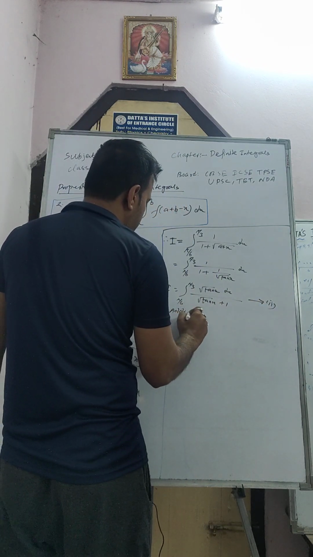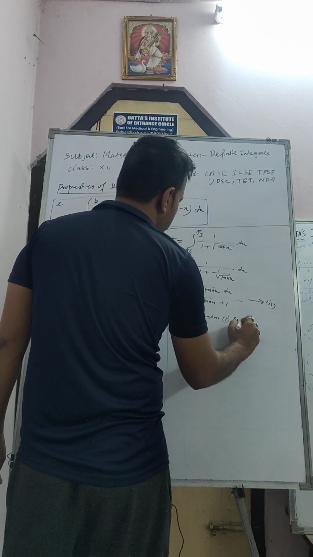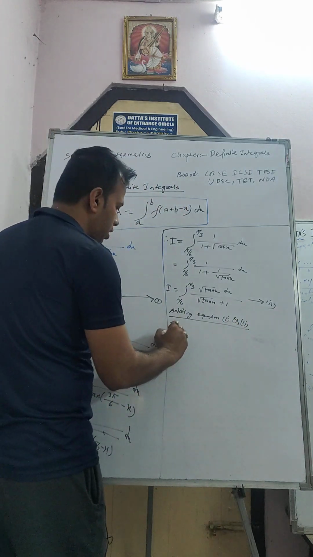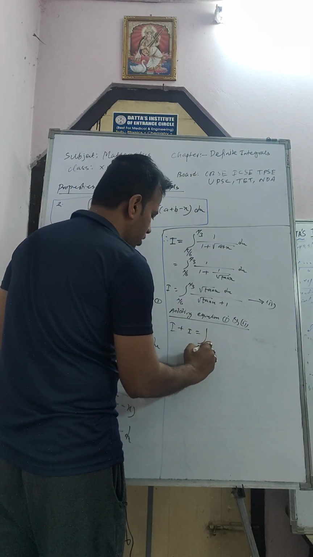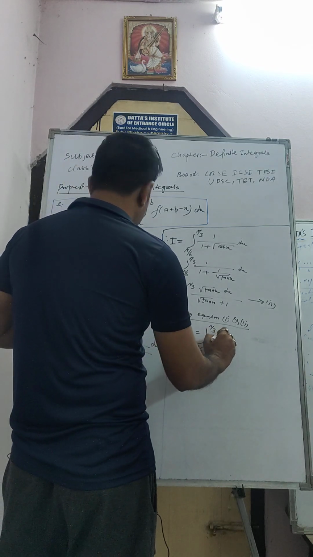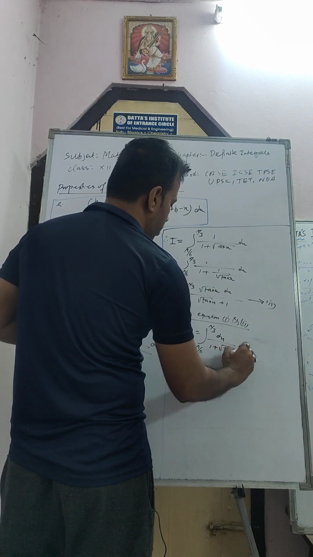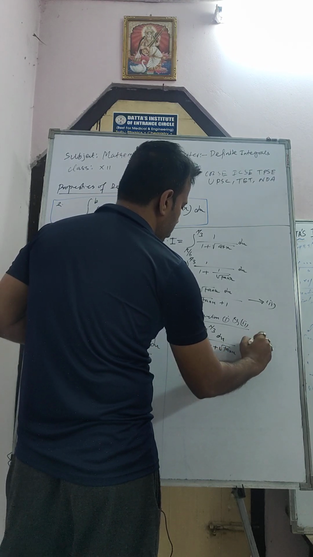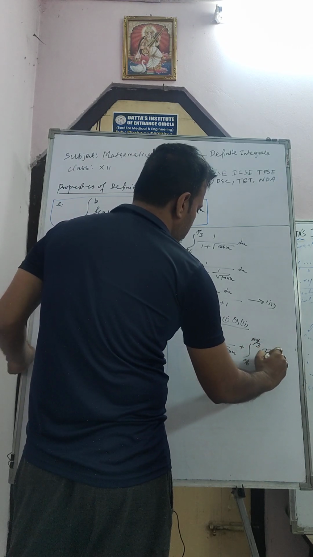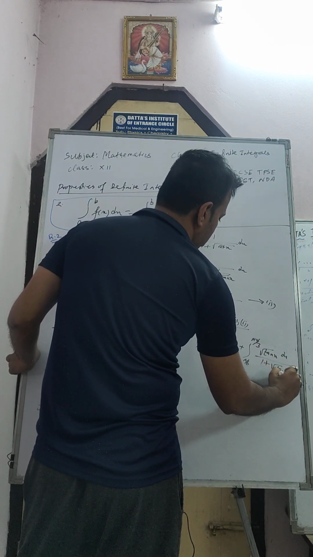Now adding equation 1 and 2. So what we will get? We will get I plus I equals the integral from pi by 6 to pi by 3 of dx by (1 plus root over tan x), and here also the integral of root over tan x dx by (1 plus root over tan x).